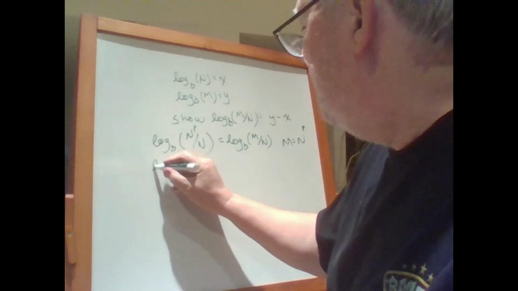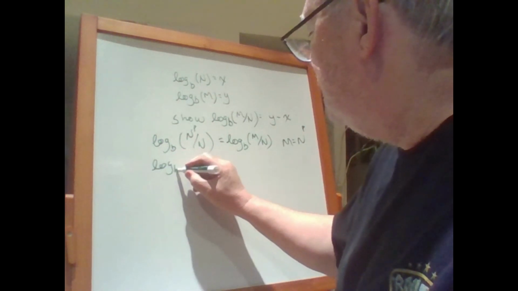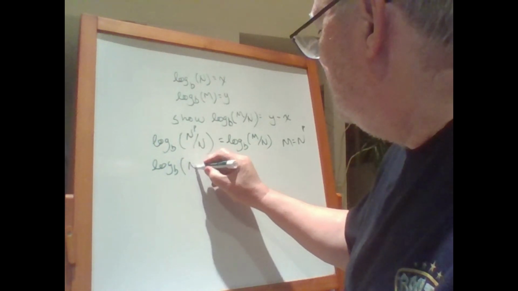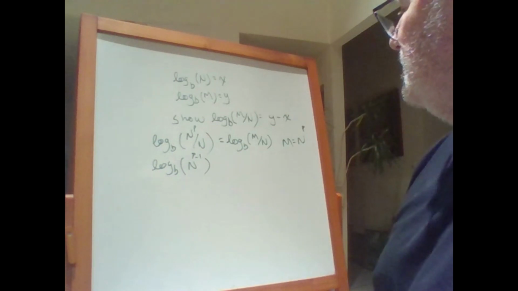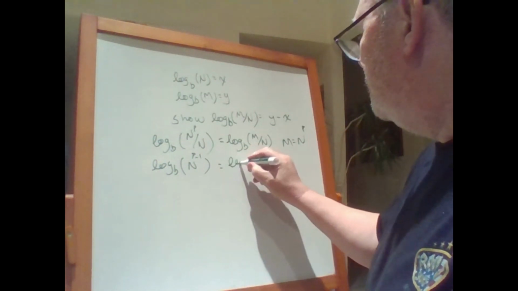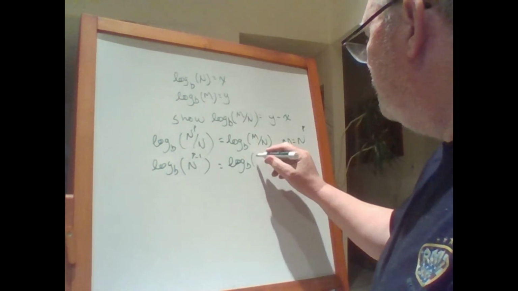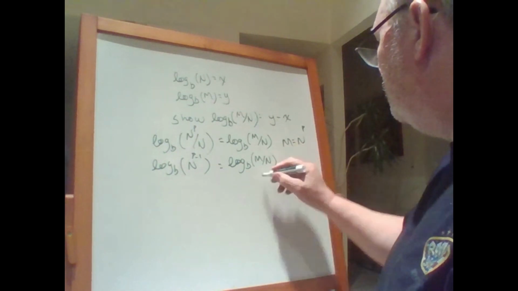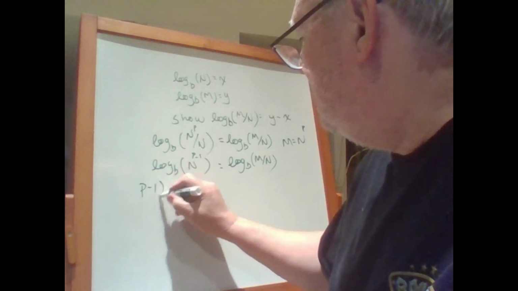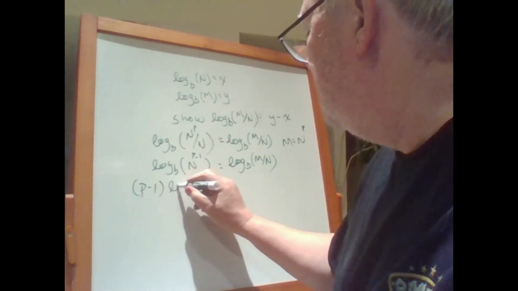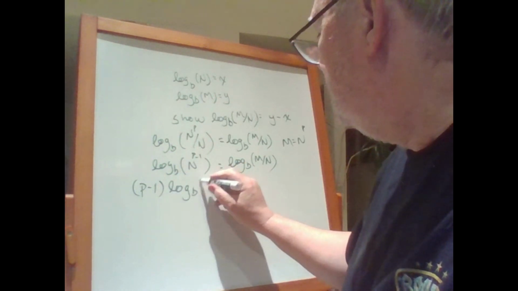And this is log base b of n to the p minus 1 equals log b of m divided by n. p minus 1 times log base b of n.